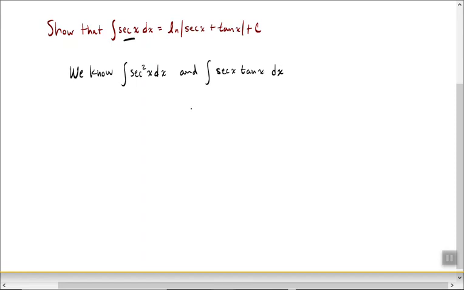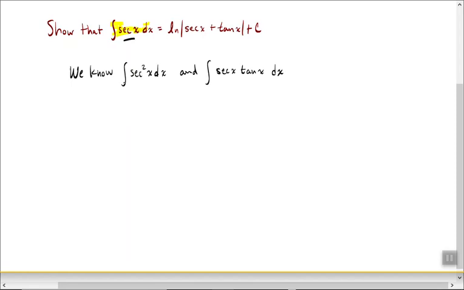All right, so if we know those two things, we can make our original function, secant x, look more like one or both of these functions, right?